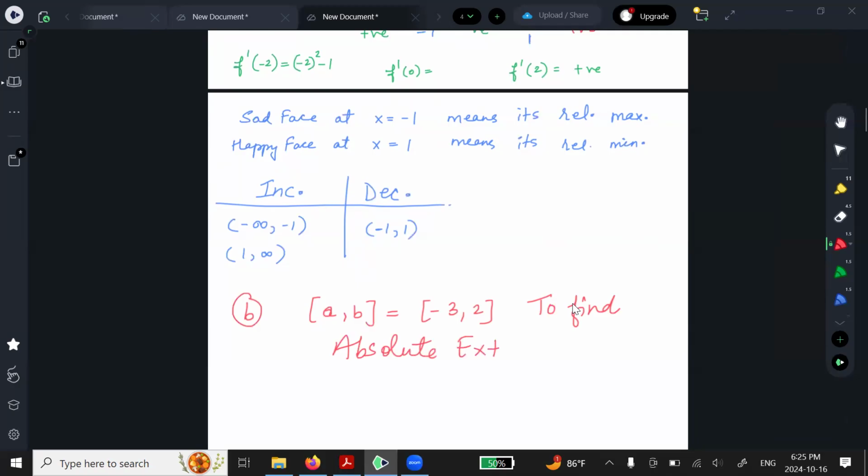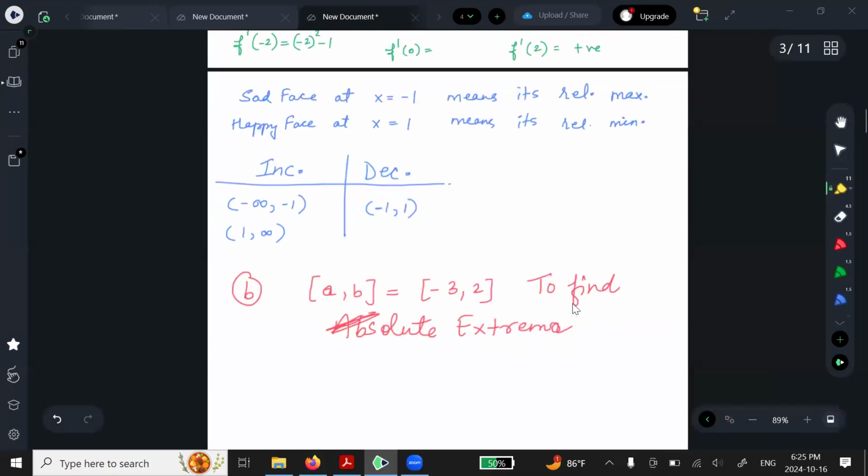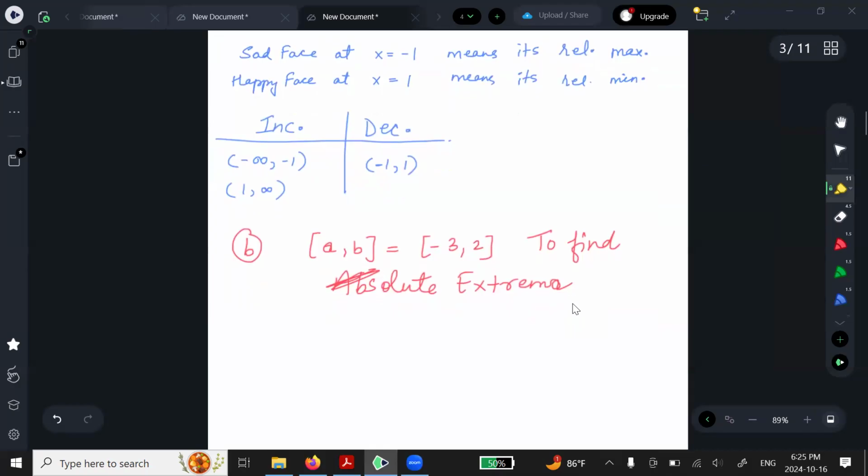If they are talking about absolute extrema, you know that they will always give you an interval.